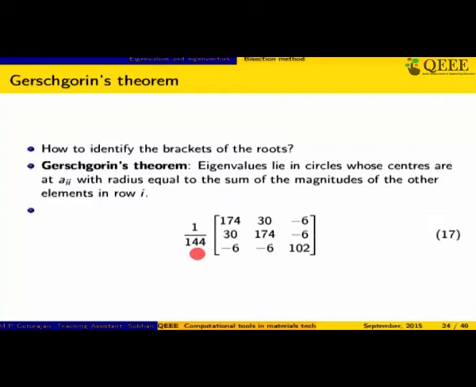What do you see? In the chat window you can write the centers of the circles and their radii. Where is the center of the first circle and what is its radius? Somebody has given the centers as 1.208.